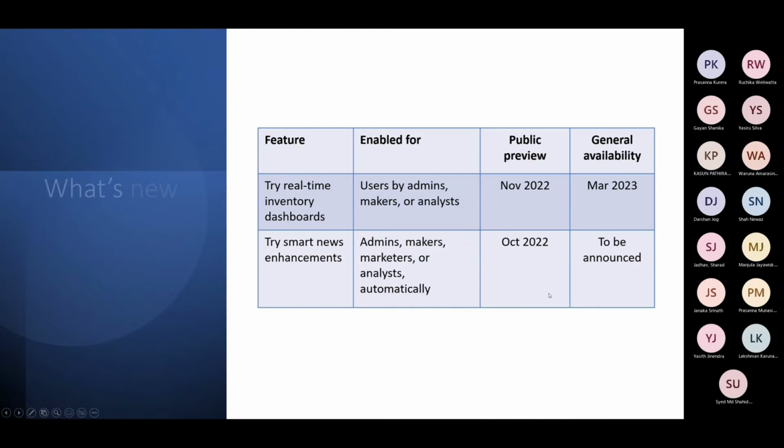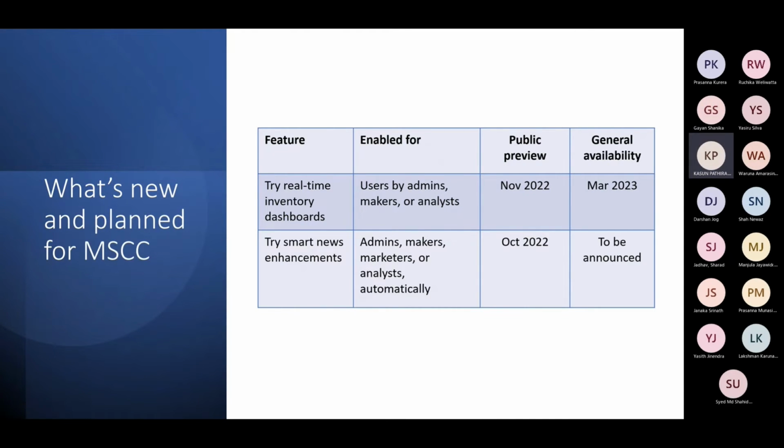There are several capabilities that are coming at the moment, and some of them are already there, like Trade Smart News enhancements. These help users learn about important supply chain disruptions happening to their suppliers, filtered by different categories.